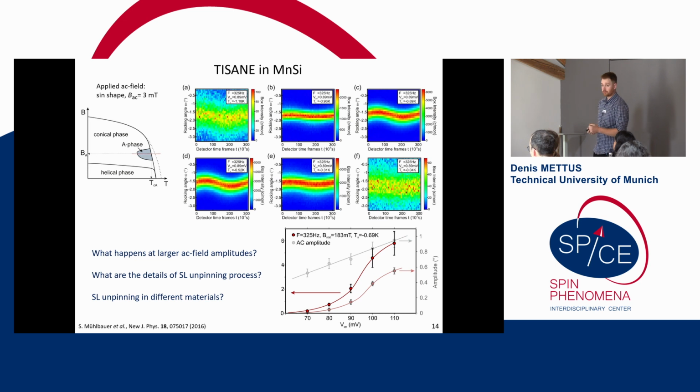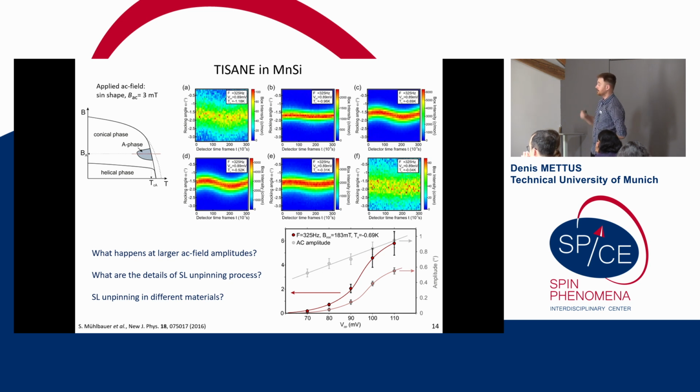So now finally we go to the experimental results. These are the previous results done by Sebastian Neubauer and others. They already measured some Tisane in manganese silicon in Berlin. This is a scan where you go from the left side of the phase diagram to the right side in temperature at fixed static magnetic field and AC field amplitude.